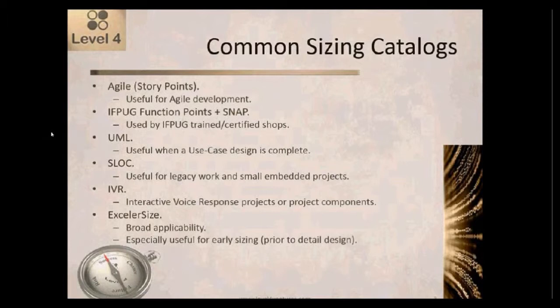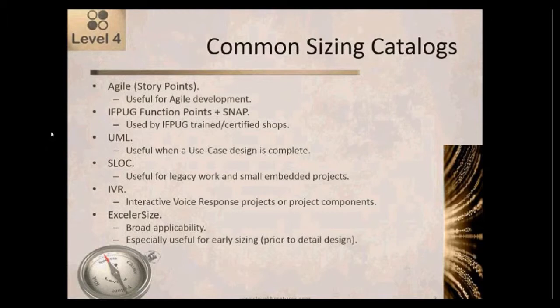Okay, so to start with an overview, common sizing catalogs. We've got the Agile catalog, which a lot of times is called sizing in terms of story points, although the story points are a subset of that catalog. Obviously you would use this one if you're working on an Agile project and you prefer to use that approach.